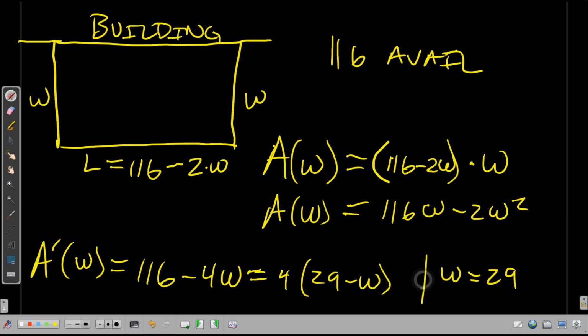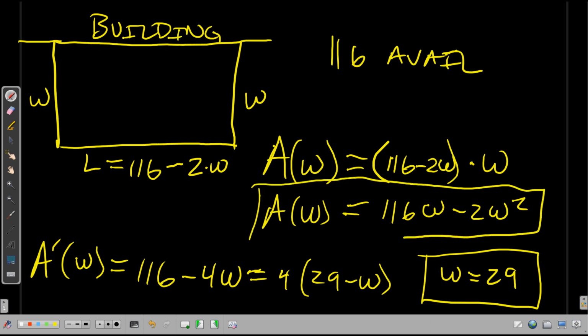Well, what was the domain of this area function? First of all, observe that this is a quadratic that opens downward. So that means it's shaped like this.